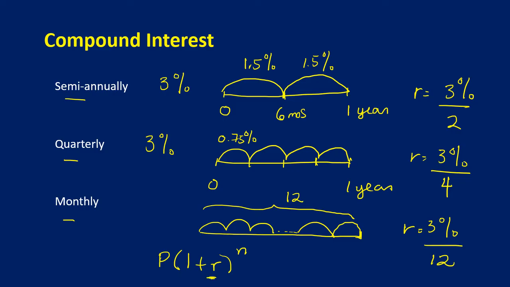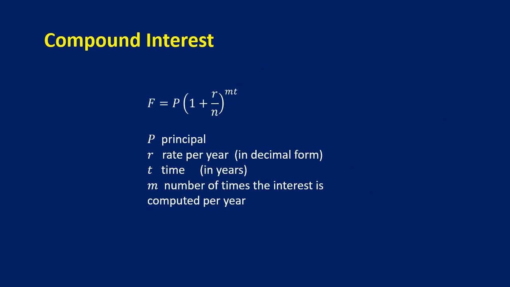Is that clear? And N is the number of periods. Clear?